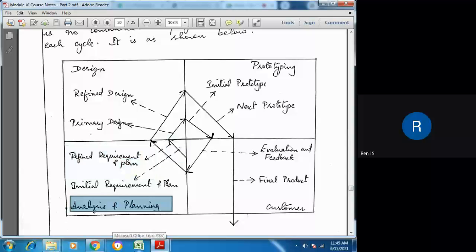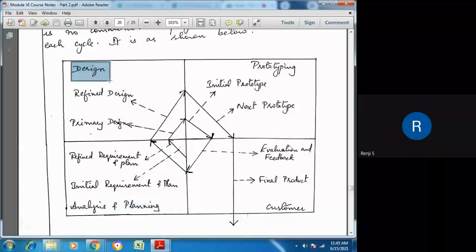The first phase of any project development is analysis. The next quadrant, the top quadrant, deals with design. After design comes prototyping, and after prototyping, the prototype is given to the customer for evaluation.